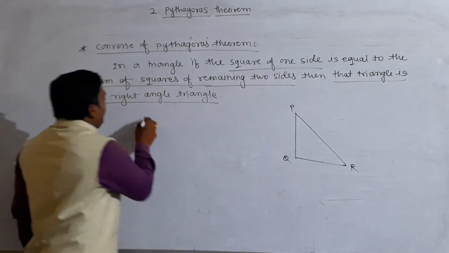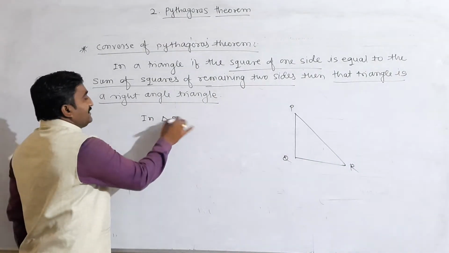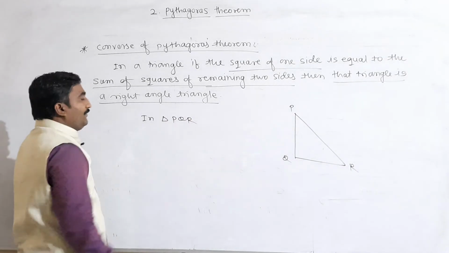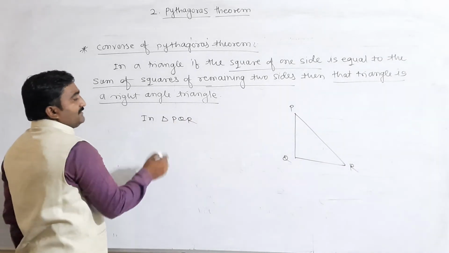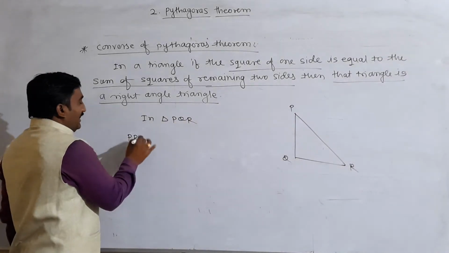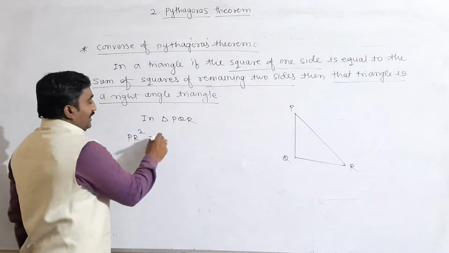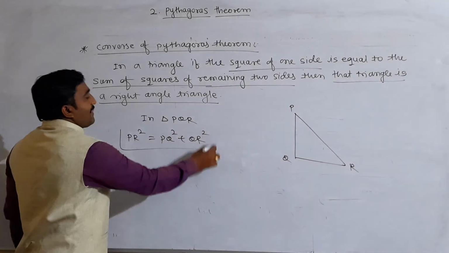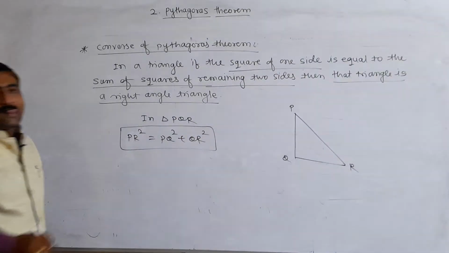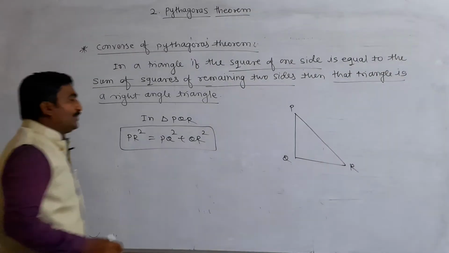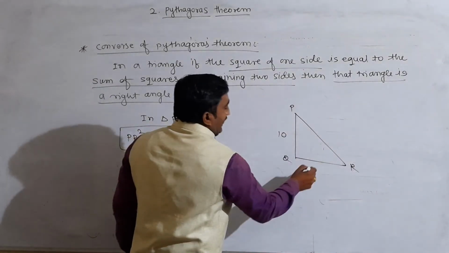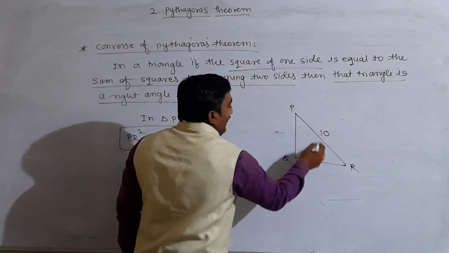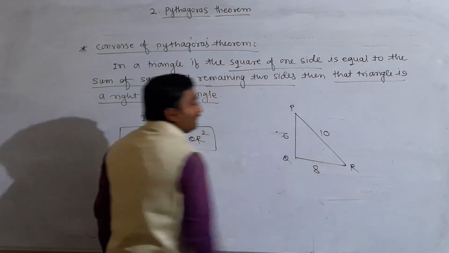So in triangle PQR, when we are given PR square is equal to PQ square plus QR square. Suppose the hypotenuse is 10, and the other sides are 6 and 8.